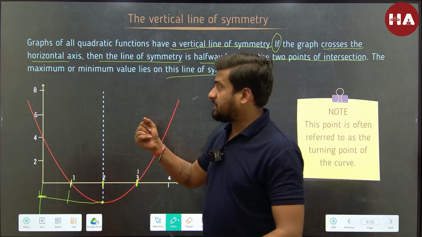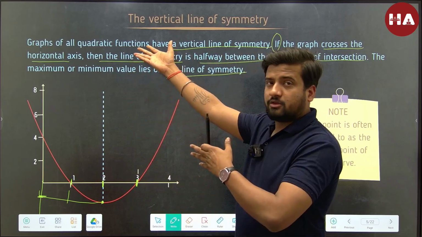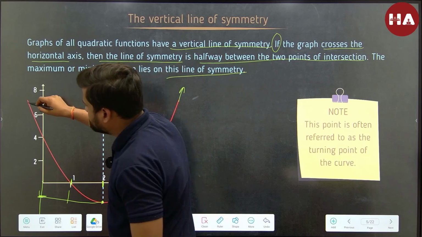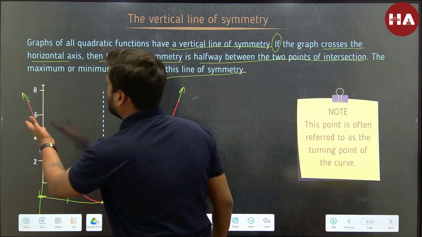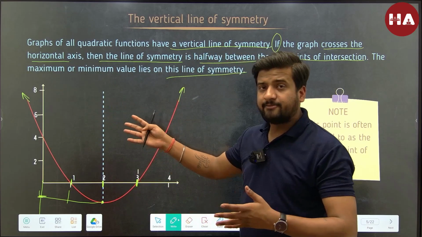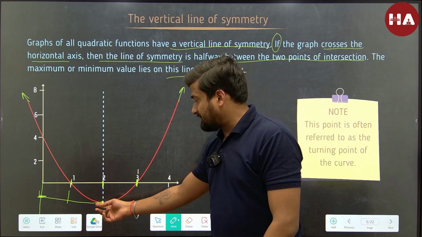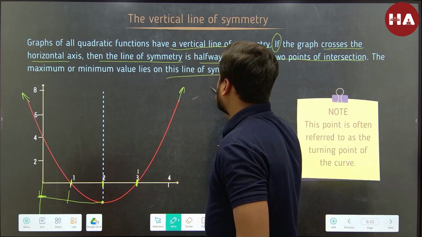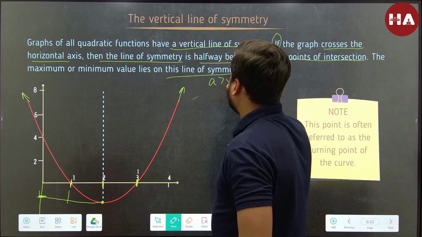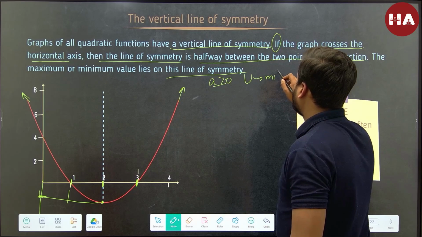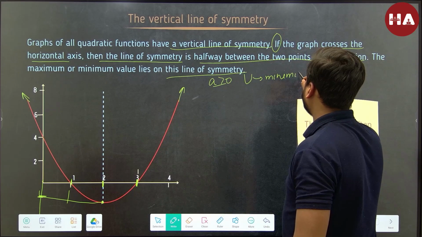But if I check for the maximum value, this graph keeps going on both sides, so I don't know what the maximum point on the y axis is. But I do know that this is the minimum point. So whenever I have a greater than 0, or a u shape, I always have a minimum value.